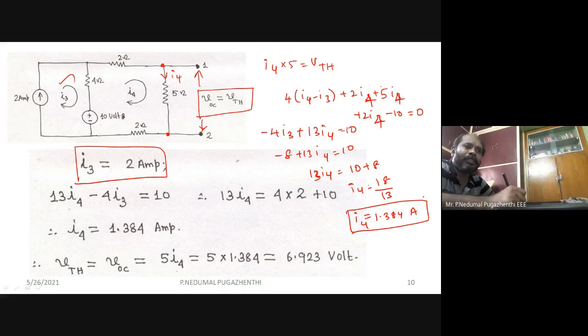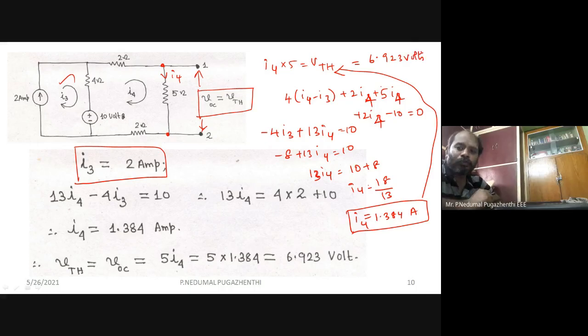Now I will take this current I4 and substitute it here, where my VThevenin is going to be 6.923 volts. That is 5 into I4, I4 is equal to 1.384. Are you getting 18 by 13 is equal to 1.384?